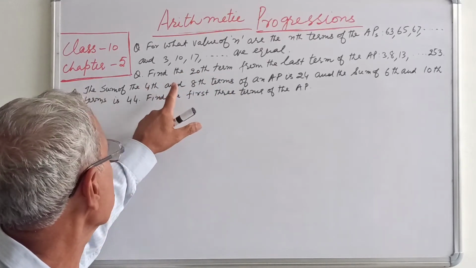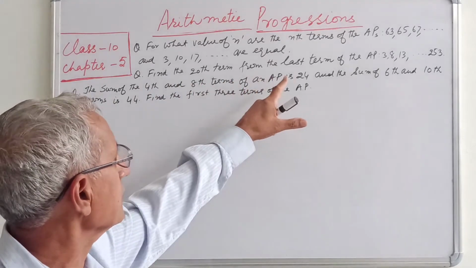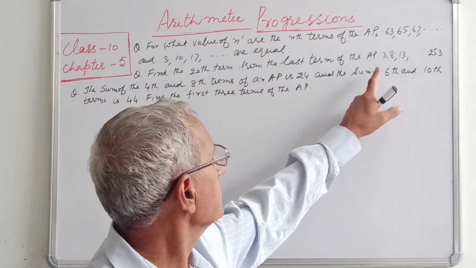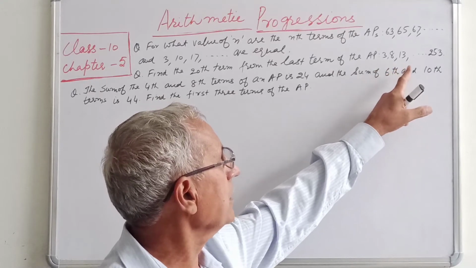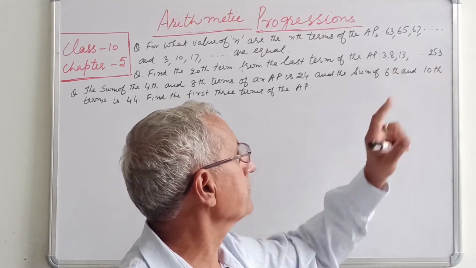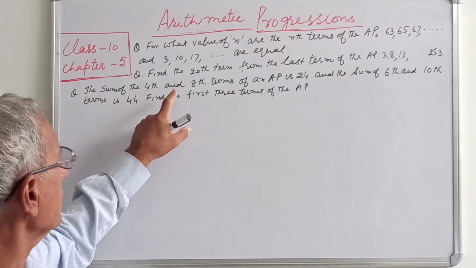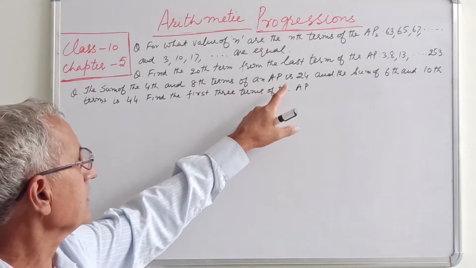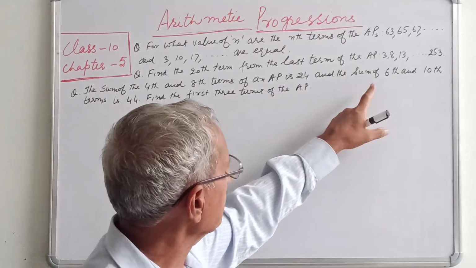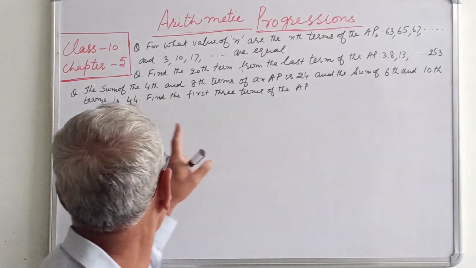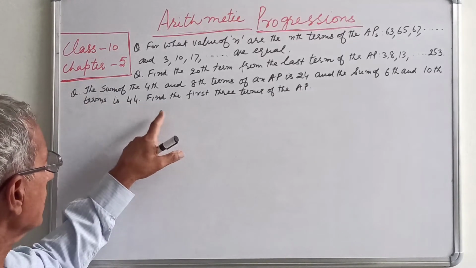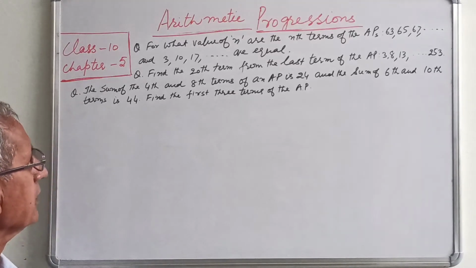Next question: find the 20th term from the last term of the AP 3, 8, 13, where the last term is 253. Third question: the sum of the 4th and 8th terms of an AP is 24 and the sum of the 6th and 10th terms is 44. Find the first 3 terms of the AP.